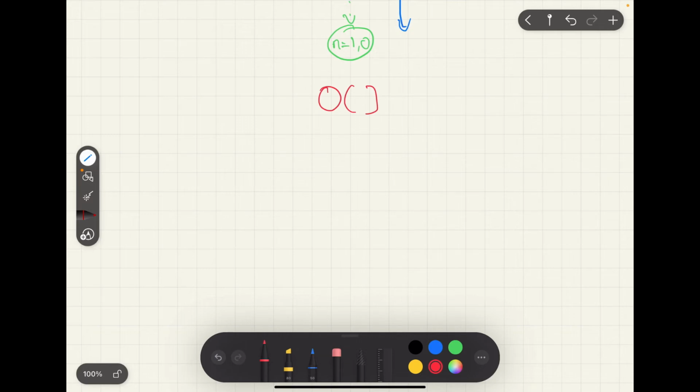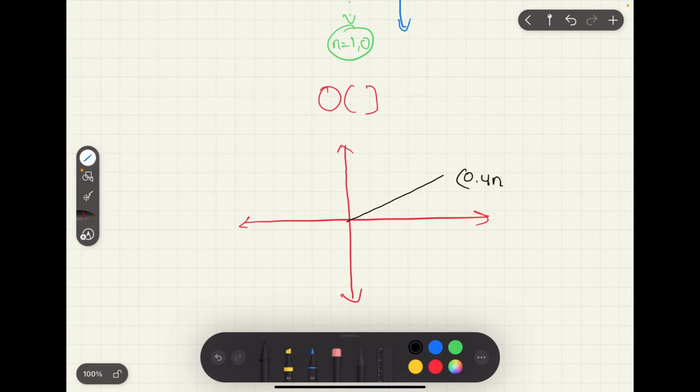But when we are telling the big O complexity, we try to give a complexity as tight as possible. So let's understand it using a graph. We might say that the actual complexity for a solution is 0.4n.